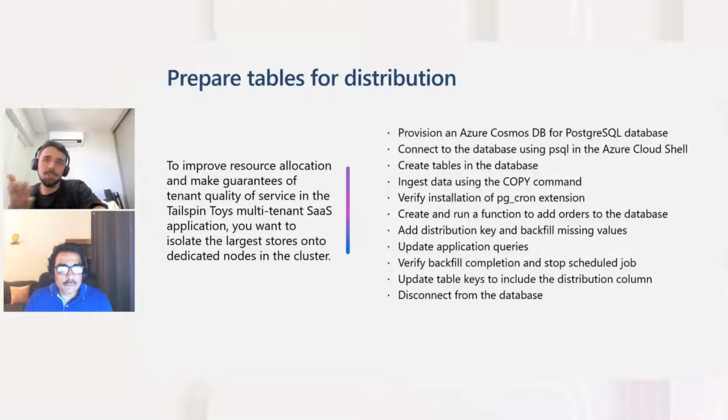The update application queries step here, I haven't shown any queries for you, but when using Citus, you want to query and filter by the distribution key. Otherwise, all the queries would be sent to all the worker nodes, right? Because there wouldn't be a way for Citus to understand where to send the query.